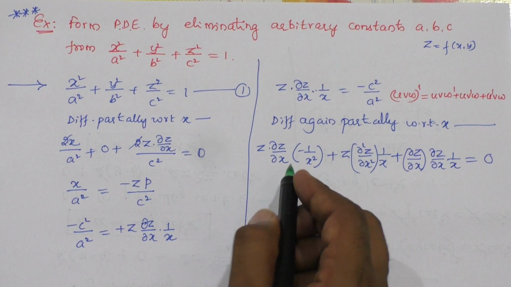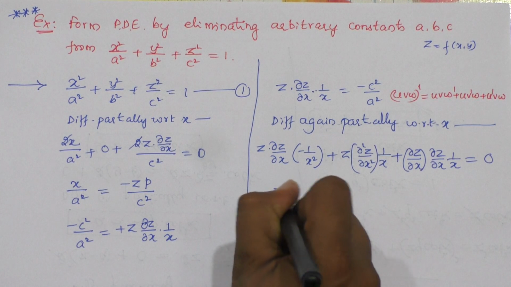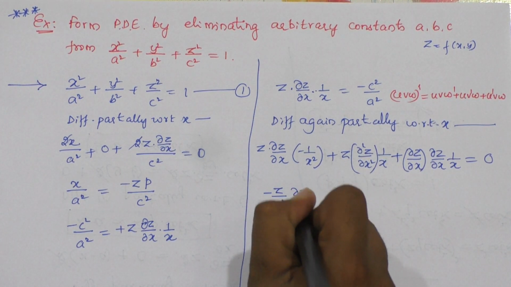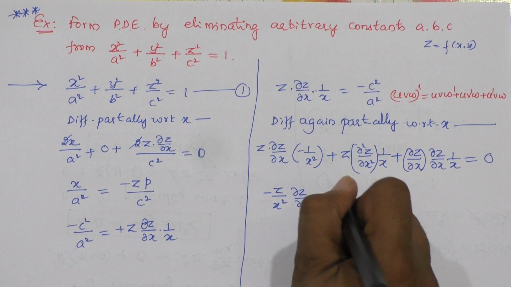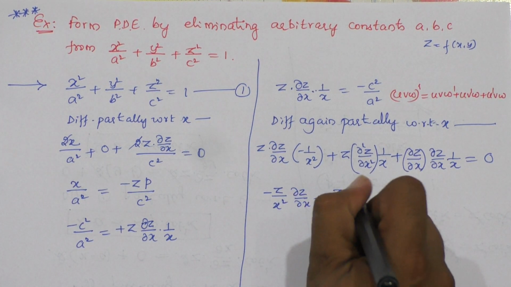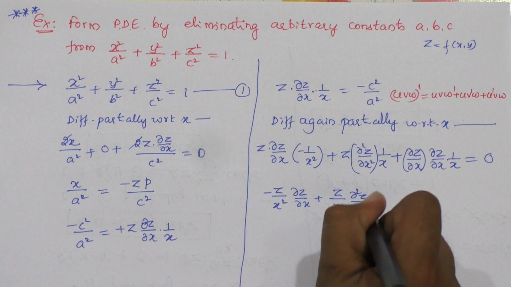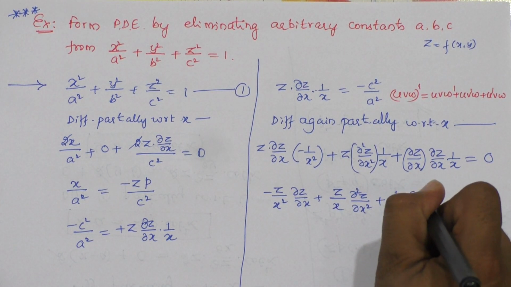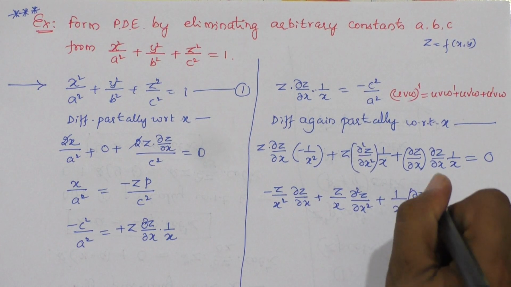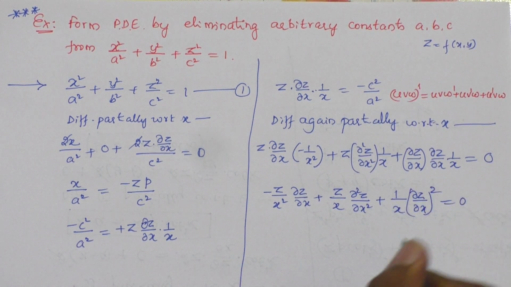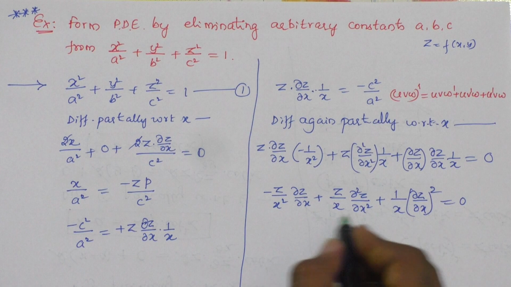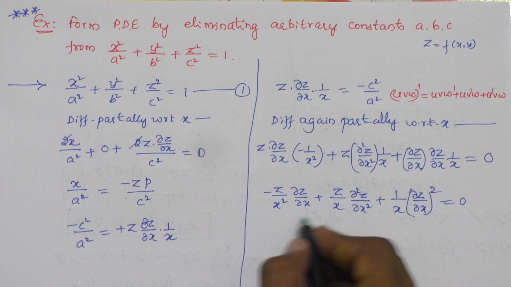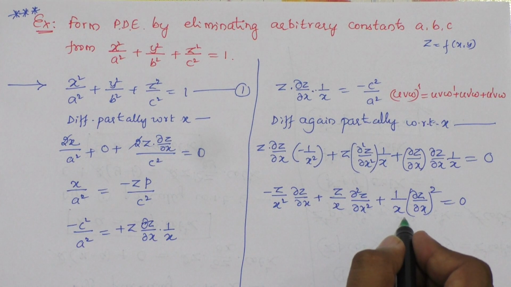So what we get is minus z by x square dou z by dou x plus z by x dou square z by dou x square plus 1 by x dou z by dou x square equal to 0. Now if you look at this throughout, multiply by x square.